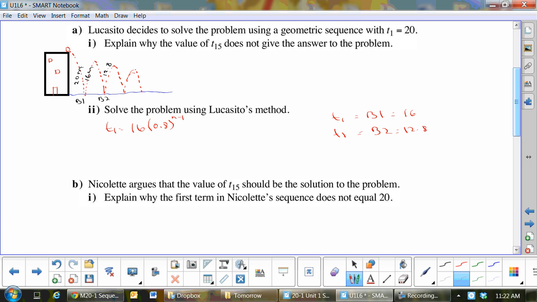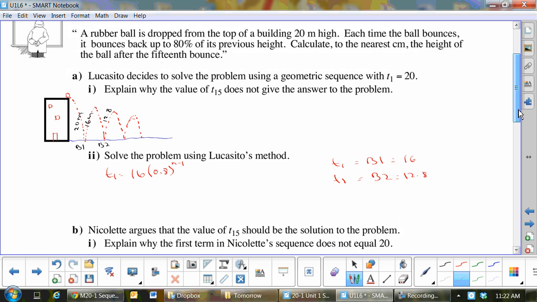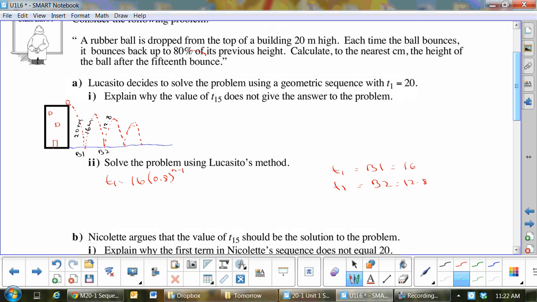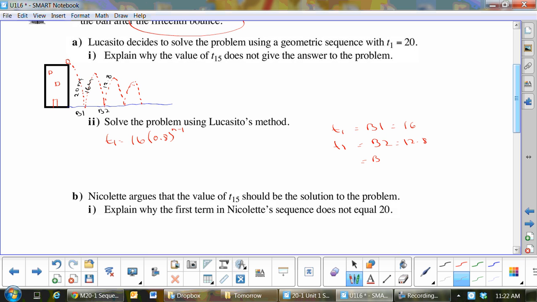Now we want bounce 15. So what term would that be? T15.